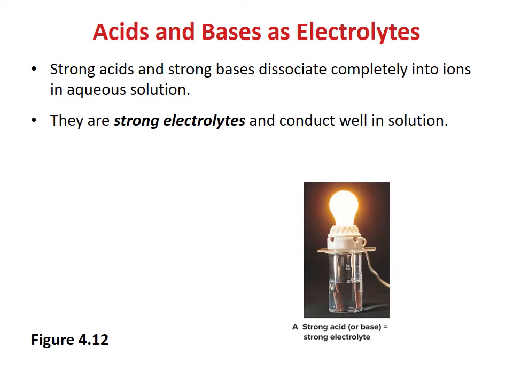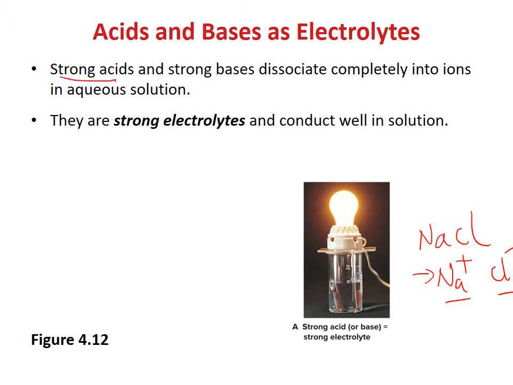Early in this chapter, we learned that some ionic compounds dissolve in water and conduct electricity, and these compounds are called electrolytes. Soluble ionic compounds, such as sodium chloride, completely dissociate into ions, and therefore they are strong electrolytes.